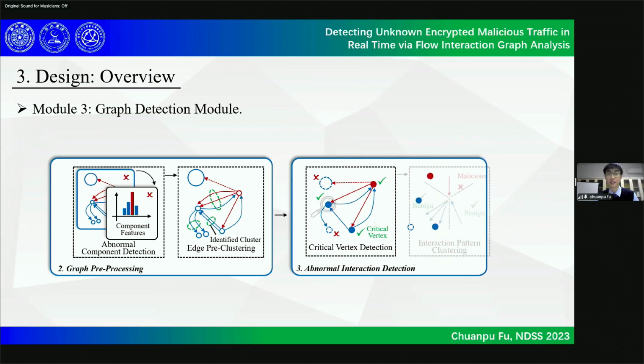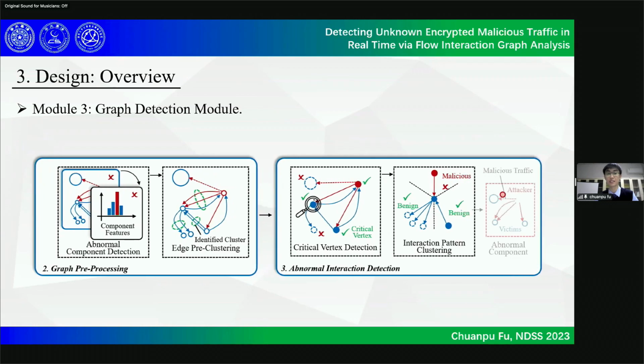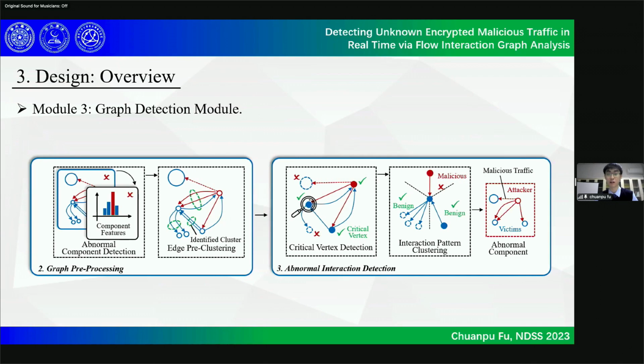Next, for each critical vertex, we cluster the connected edges according to both flow-level features and graph features, and outliers are the edges denoting malicious flows, malicious traffic, and the source and destination of the edge denote attackers and victims. Finally, the system extracts subgraphs as the indicators of attacks, and notifies operators to instantly respond to detected attacks.